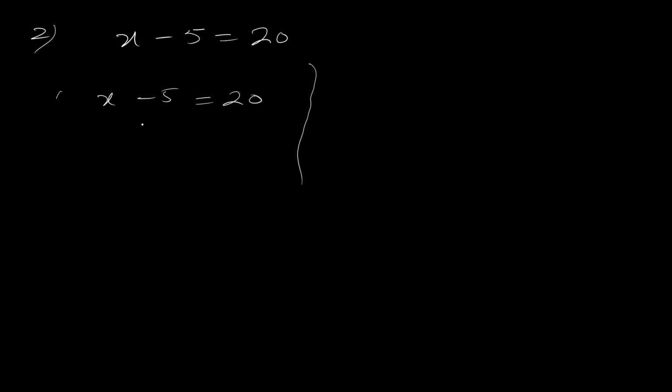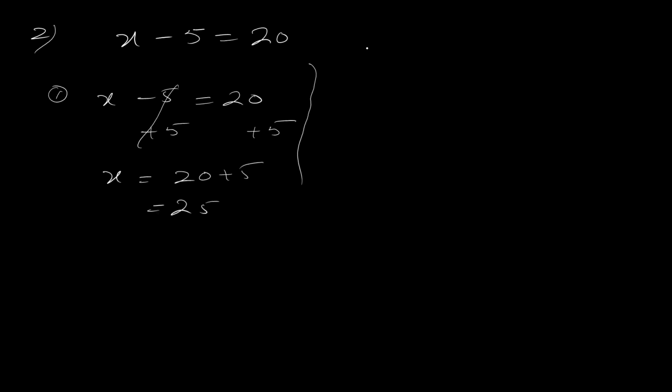Another question, question 2. x minus 5 equals 20. Now, let's use both methods. Method number 1: we add 5 on both sides. So it becomes x equals 20 plus 5, which means 25.